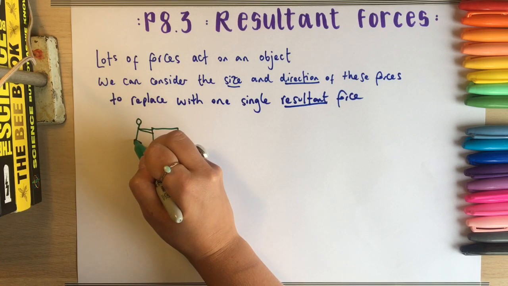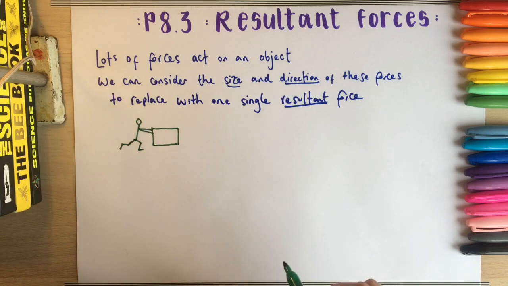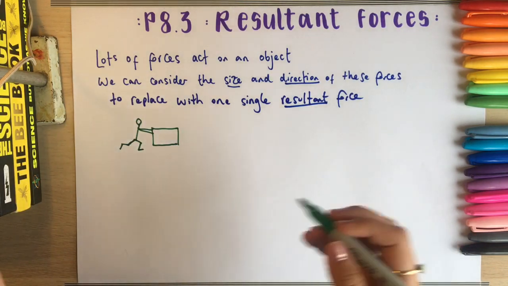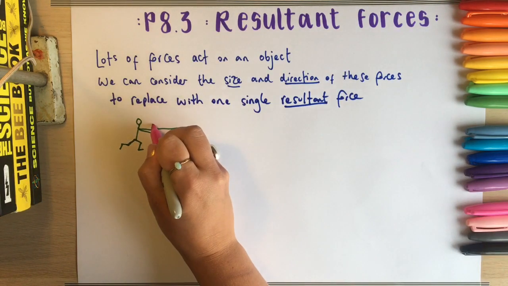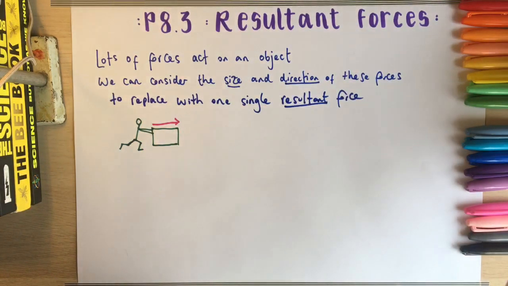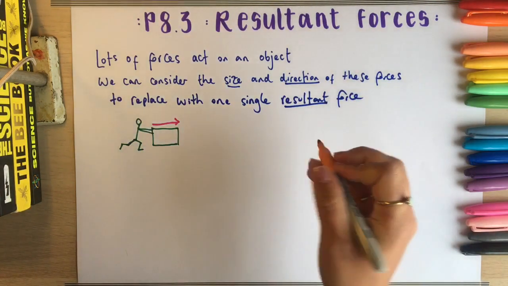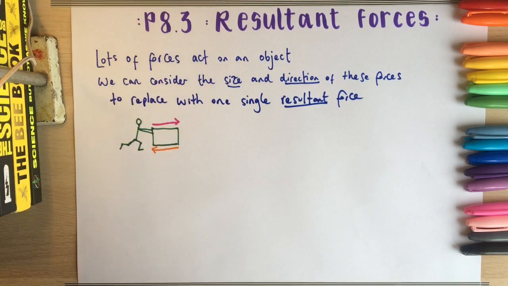We know that my art skills are terrible. They look like they've got a broken leg, but never mind. So we've got somebody pushing a box, and we're going to say that they are pushing forwards with a force, and there is a force acting in the opposite direction, which in this case would be friction.